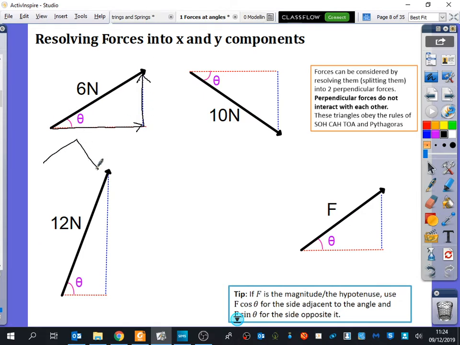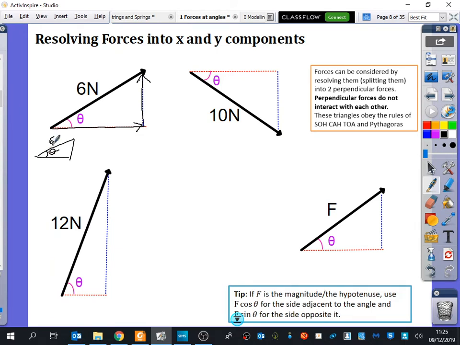That's from our idea when we have things like this, where you have vector A, vector B, that one would be A plus B. Same thing, okay? So we're allowed to split these things up. And these triangles will obey Pythagoras and SOHCAHTOA. So I'm just going to do this one really quickly. This one that we have running along the bottom here, let's just draw that triangle out separately for a second.